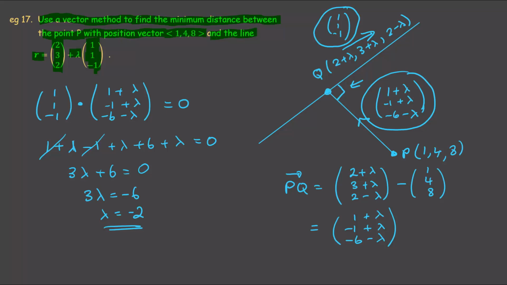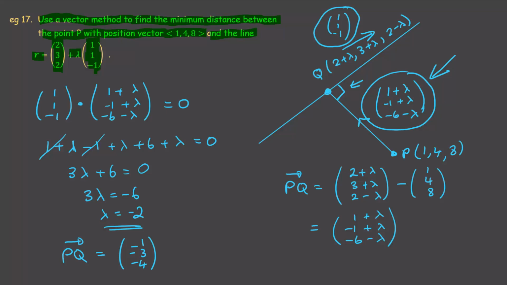So substitute that back into this vector here, and that's the vector PQ, remember. That is going to be (negative 1, negative 3, and negative 4).